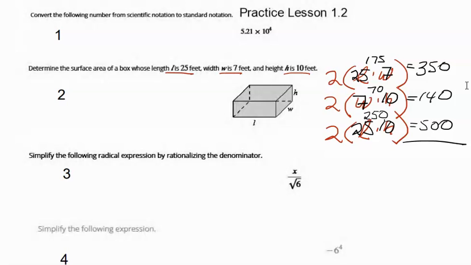The length is 25, the width is 7, and then 7 times the height, which is 10, and then the length times the height, which is, I should say, height is 10. So I get these 175, 70, 250 that I have to double. And when I added them all up, I got 990. Again, this one was a little tedious because you had all this calculation to do, but hopefully you're following what we're doing.